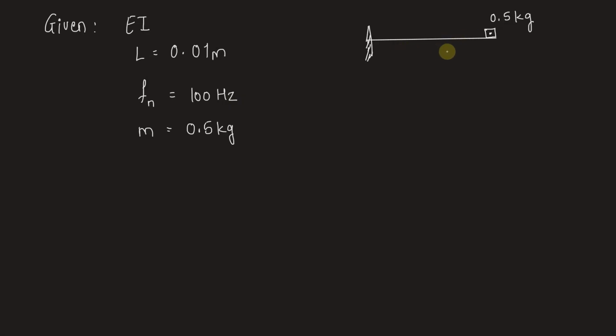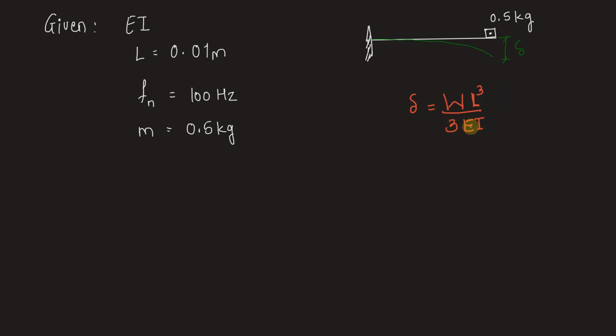Now, for solving this, we will need to know some standard expression. This standard expression gives us the deflection of the free end, delta, when there is a concentrated load on a cantilever beam's free end. This delta is given as the concentrated load W at that point into length cube divided by 3EI.